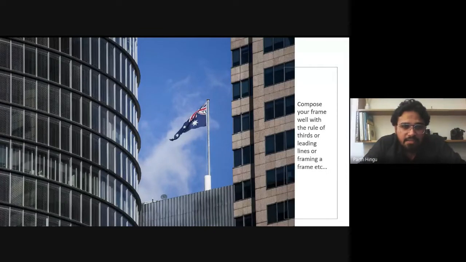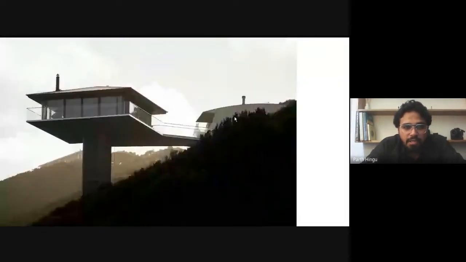Like comparing that, the flag is looking at the left side, so there is much more space on the left-hand side and very little space on the right. So this is a composition. You can compose it however you like.